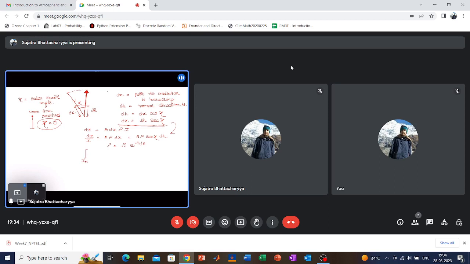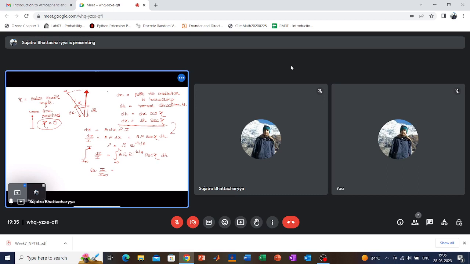It starts from I infinity, that is from infinity to some height h where the intensity is I. That is dI by I equal to A rho naught e to the power minus h by capital H sec chi into dh, and this will go from infinity to h, right? Therefore it will be log of I by I infinity, simple.